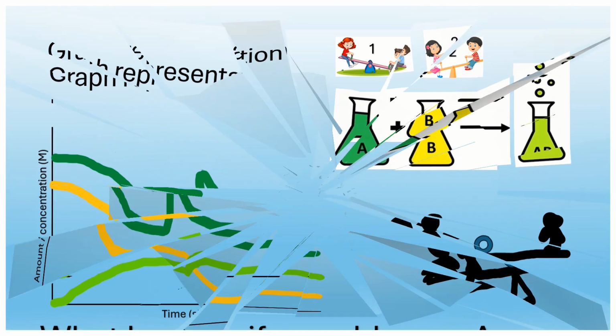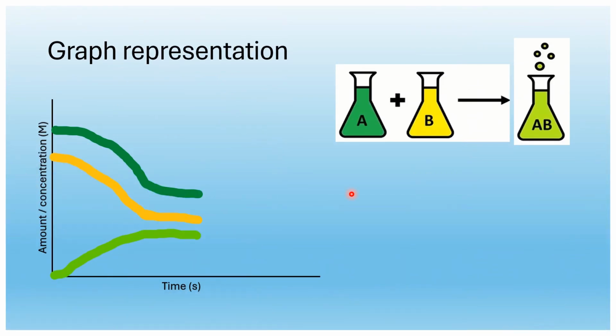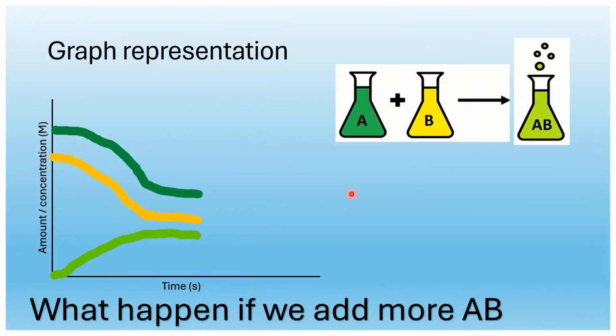So let's do it in this way again this time around. Let's say, what happens if we add more of AB? So we are still going to use the seesaw rule. However, I don't want to write it here, to find out if you did understand what I talked about on the previous slide. If you forgot, kindly go back and listen to what I said in the previous slide.